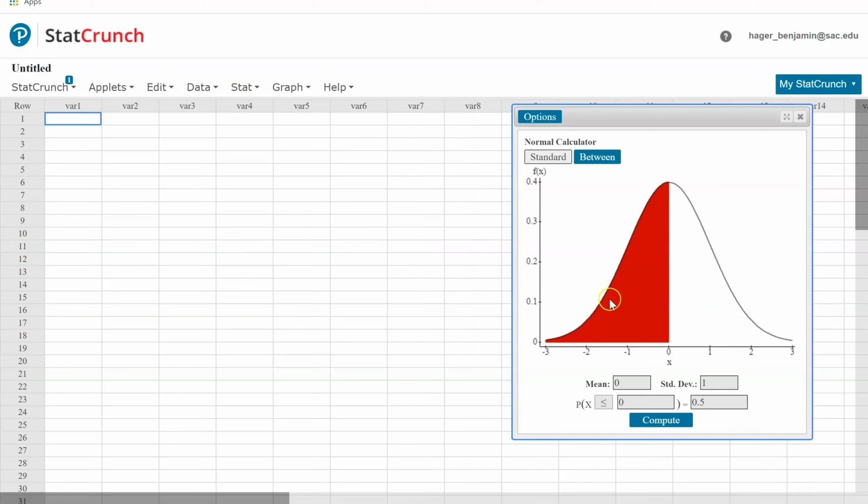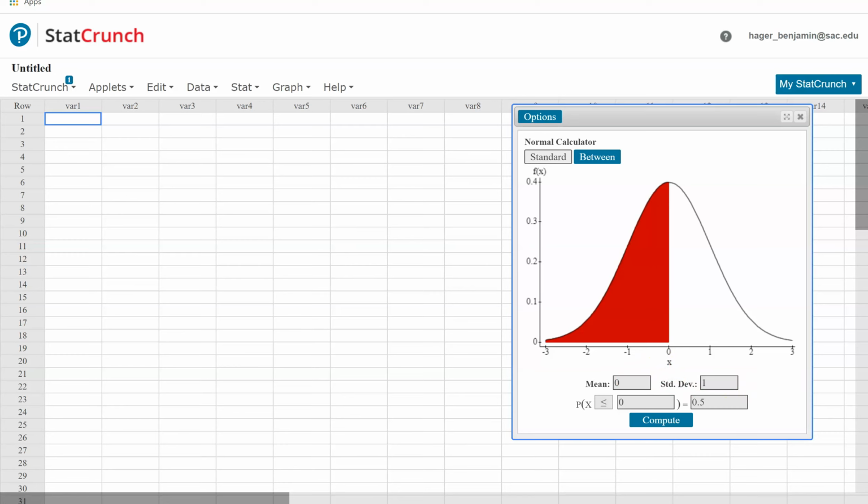There's my bell-shaped curve. This one is standardized because it's got a mean of 0 and a standard deviation of 1. One of the things we'll see later is that if I'm using StatCrunch, I don't have to standardize these things. That's only if you're using a z-table. The z-scores are referring to a standard normal curve where you have a mean of 0 and a standard deviation of 1.